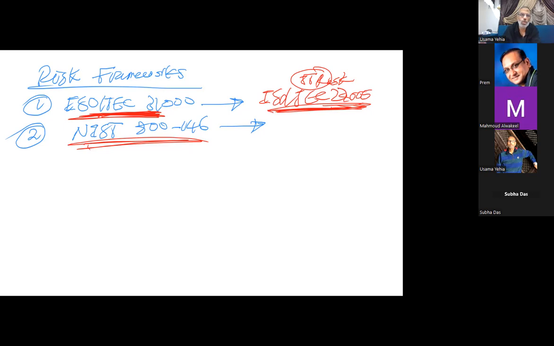From my point of view, it's more than enough to know these three: ISO 31000, ISO 27005, and NIST 800-146, because these are the popular standards. Frankly speaking, I don't know anything else. The others are not considered complete frameworks. But these three are more than enough for the exam.